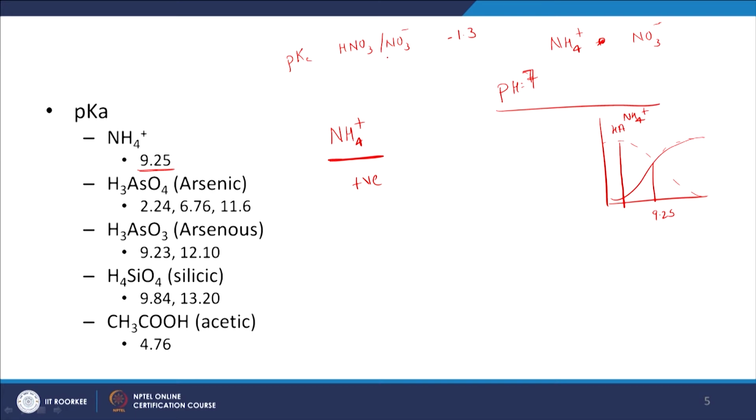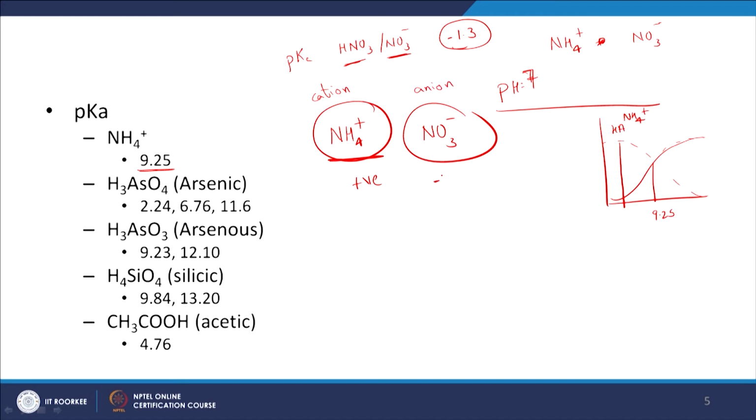At pH 7, HNO3 is not going to predominate, but NO3 minus will, because pH is greater than pKa. So we have an anion with nitrate, but with NH4 plus it stays as a cation. What does that mean? The soil can hold on to NH4 plus, but not onto NO3 minus. So in general the farmer would be better off applying ammonium rather than nitrate as his source of nitrogen.